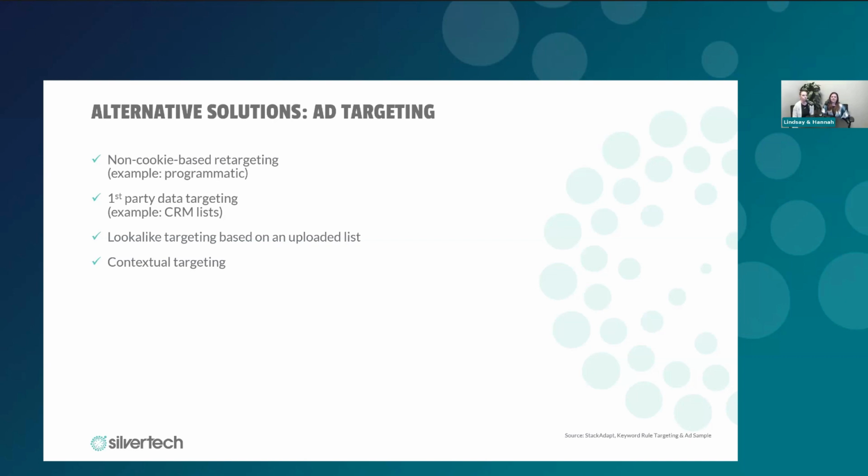Awesome. And then this last option here on our alternative solutions for ad targeting is contextual targeting. I love contextual targeting. It is a great way to really highly target your ads. Essentially, contextual targeting allows you to take some specific keywords, some specific phrases, and target articles or content that talk about those certain specific types of things.